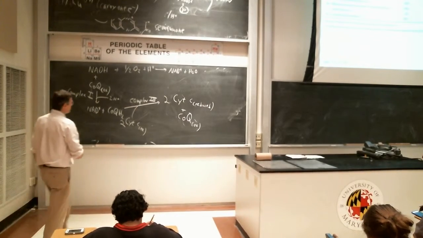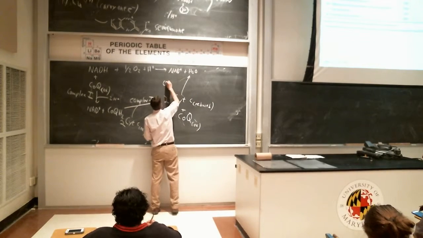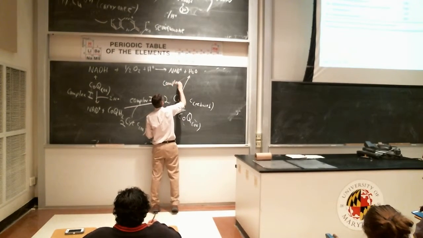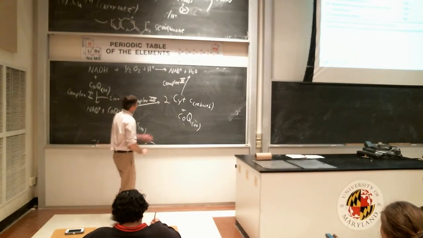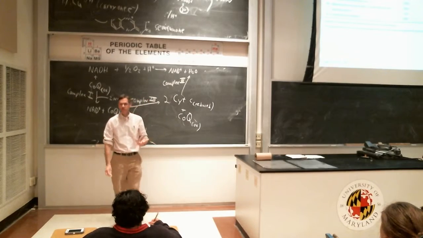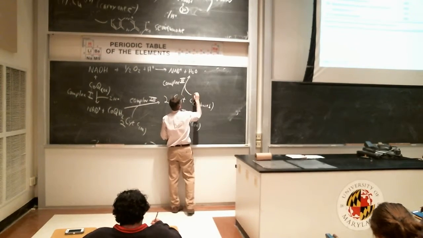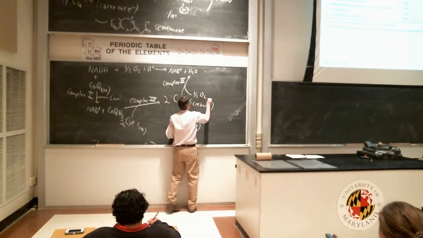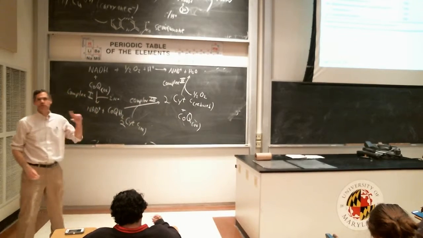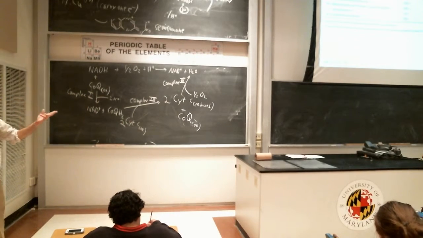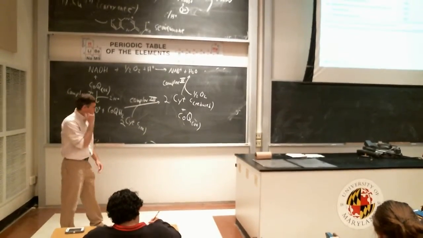And finally, complex 4 is the enzyme that reoxidizes the cytochrome C. So complex 4 is the one that actually uses the oxygen, and again, to be consistent, you need 2 moles of cytochrome C for half a mole of oxygen, or 4 cytochrome Cs for 1 oxygen molecule.